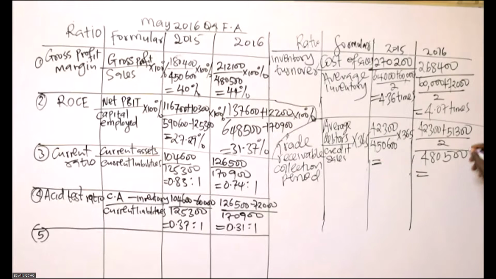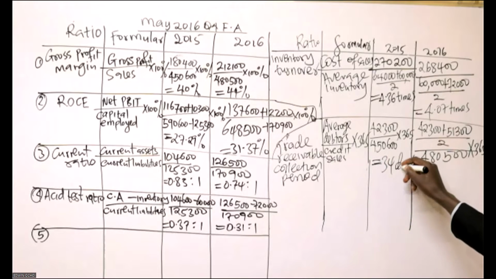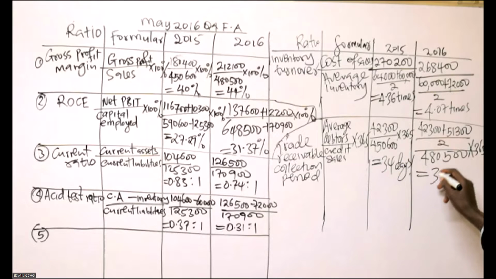The first one, remember you have to multiply by 365. 34 days and 35 days.